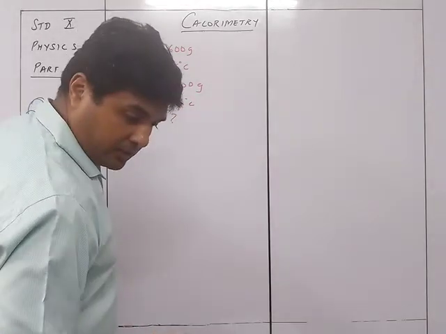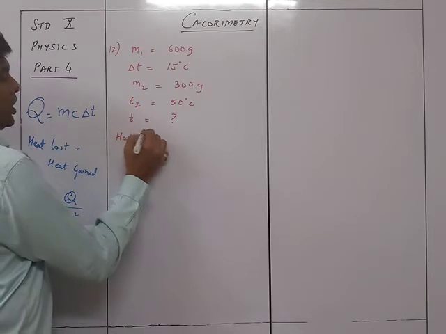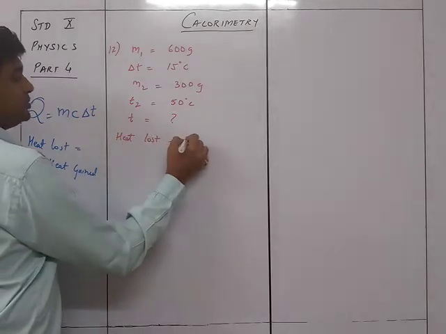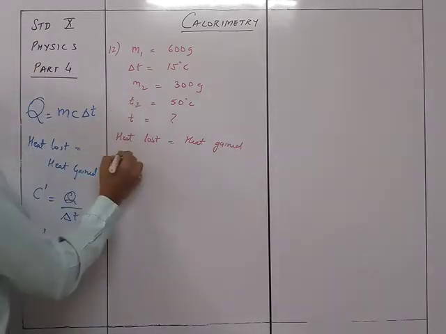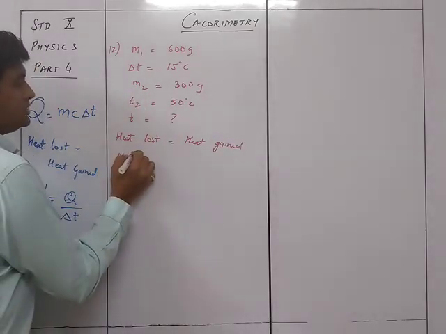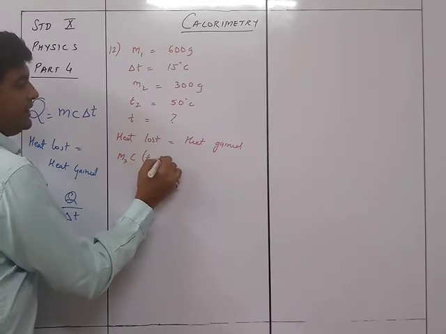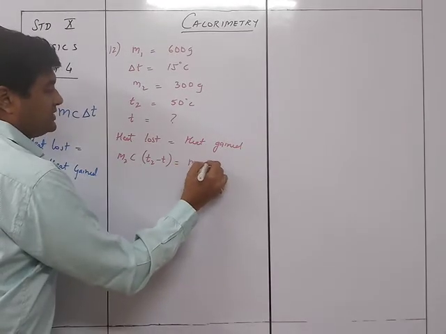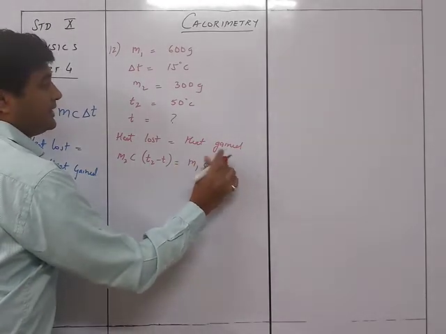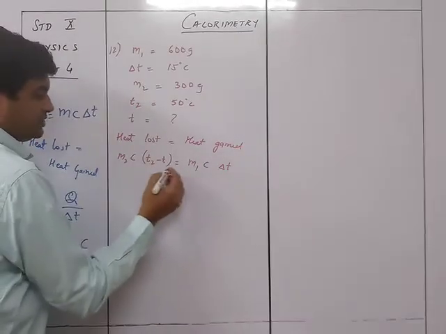We know that heat lost is equal to heat gained. So heat lost by the hot water will be M2 C (T2 minus T), which is equal to M1 C delta T. You will take delta T directly because we already know that it is 15 degrees Celsius.